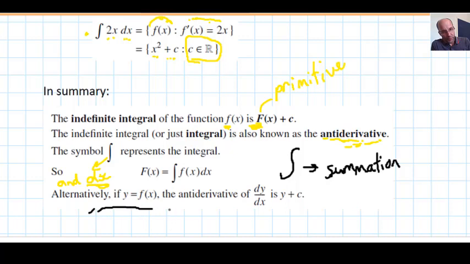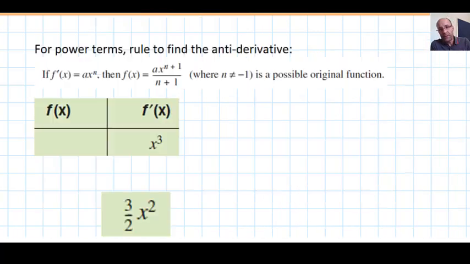So another way of looking at it, if you have y equals f of x, the antiderivative of dy dx is y. So it undoes the derivative, is another way of explaining it. Okay, so it's reversing that derivative to get y or just f of x. And remember, plus c. Now we're going to look at just some basic power terms. The rule we follow is here. Now when we were going through our investigation with the table at the beginning of the video, this is actually what we were doing to find it.